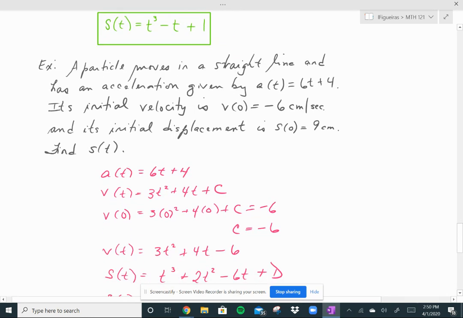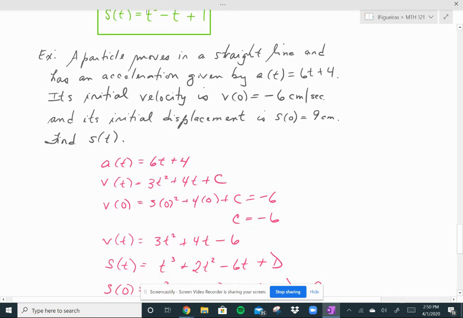All right, so the antiderivative of acceleration is velocity. So that's what we're doing here. We're taking the antiderivative. The antiderivative of 6t is 3t squared. Antiderivative of 4 is 4t plus c. Then you can plug in the information that's given. V of 0, that means plug in 0 for t, and we set it equal to negative 6.